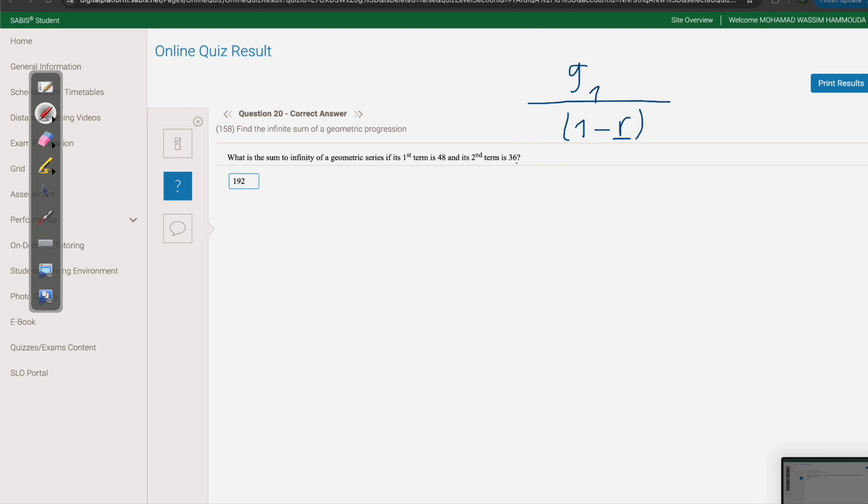So we're going to do the second term over the first term, which is 36 over 48, which is 3 over 4, or 0.75. So we're going to do g1, which is 48, over 1 minus r. 1 minus 0.75 is 0.25, which is going to give us 192.